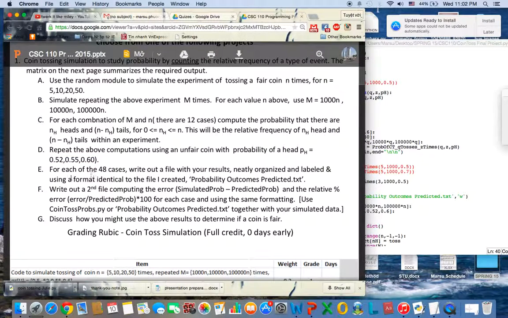For the next one, for 48 cases, write a file with results.